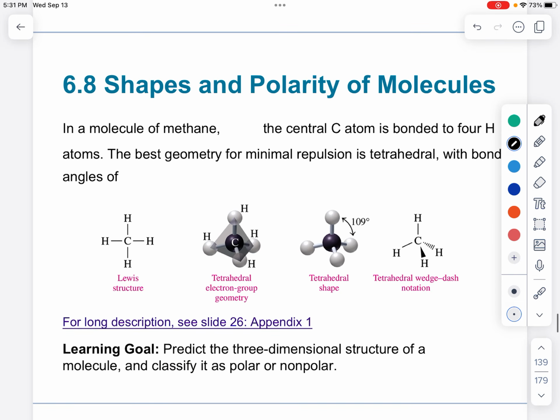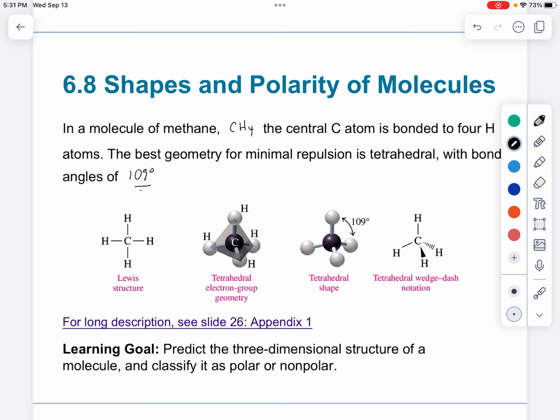Let's look at shapes and polarity of molecules. Okay, so in a molecule of methane, CH4, the central atom is bound to 4 atoms. The best geometry for minimal repulsion is tetrahedral with bond angles of 109 degrees.